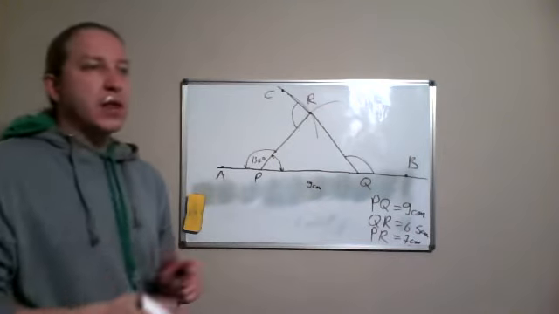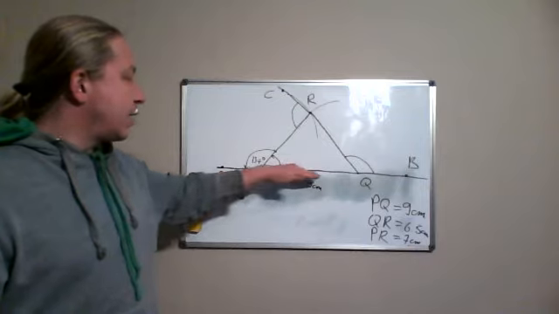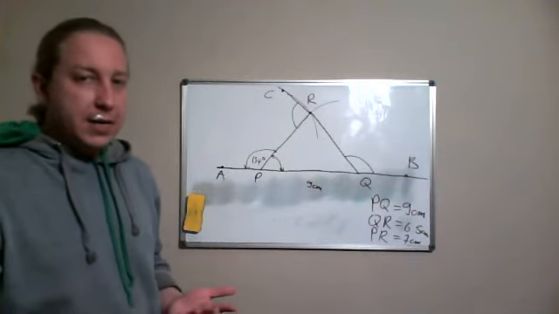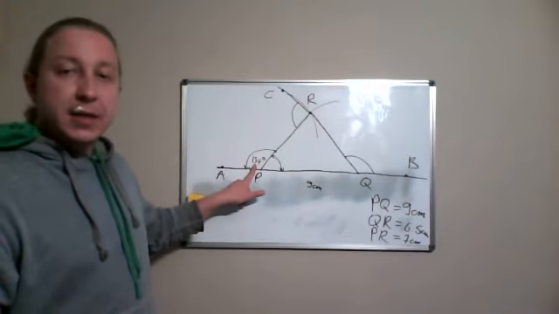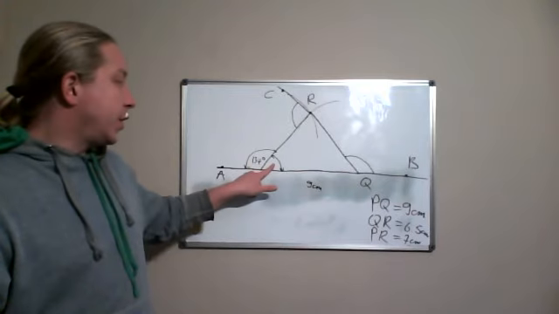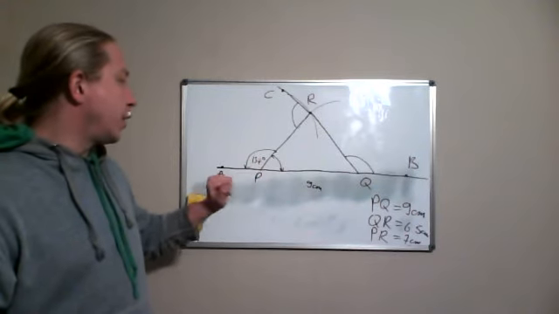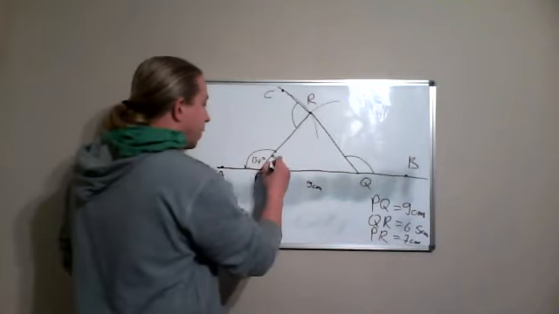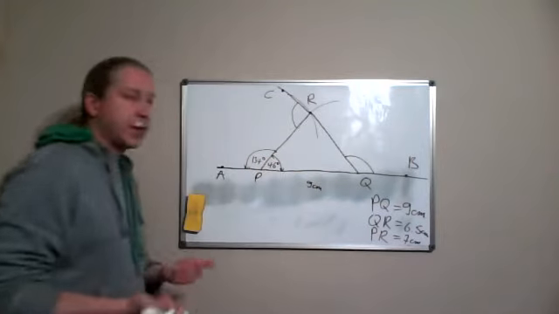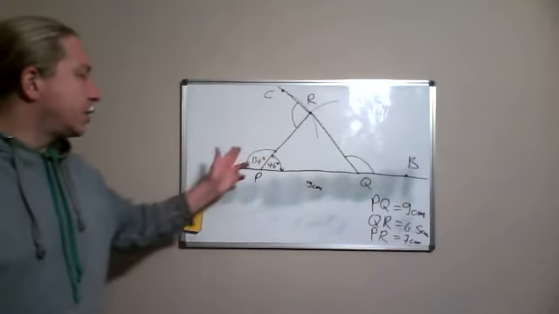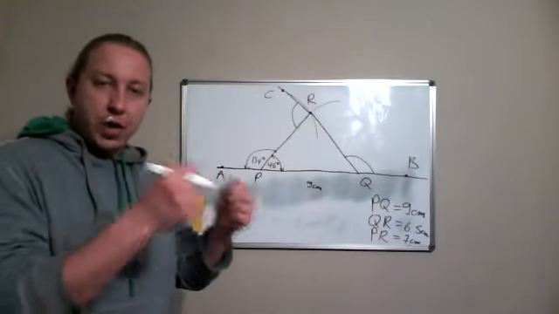Or you could even think that, well, angles on a straight line add up to 180 degrees. If I already know that this is 134, this must be 180 minus 134, which is 46 degrees. But since you're already measuring it, you can do it in one go.